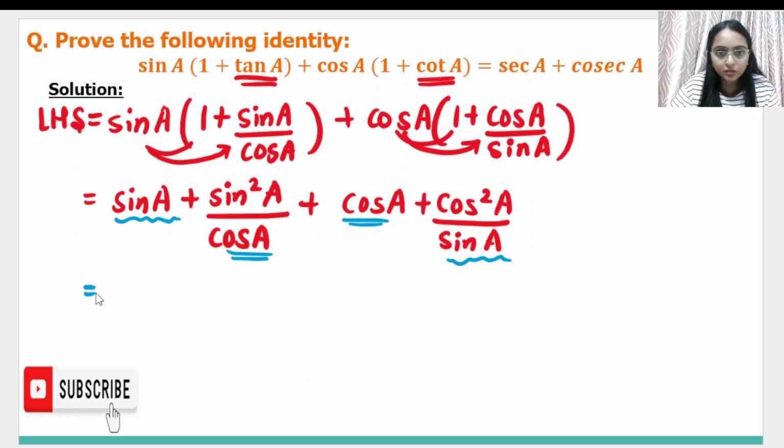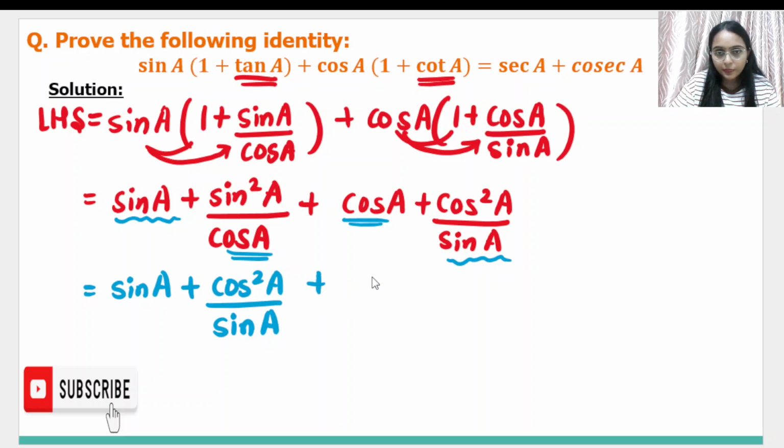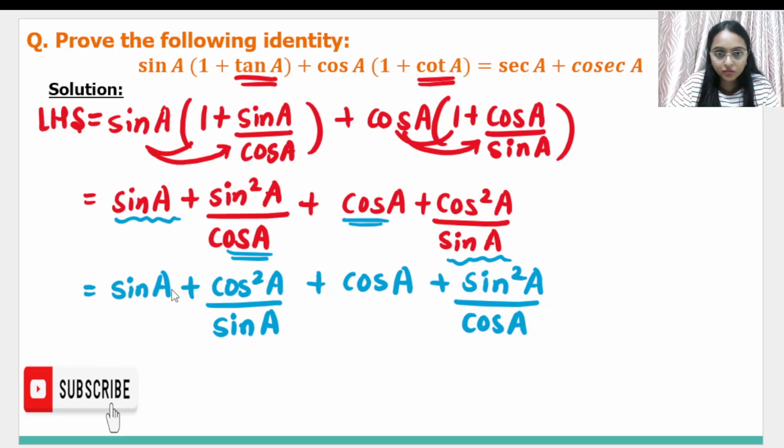So sin A plus cos square A upon sin A, plus here you have cos A plus sin square A upon cos A. Now we know that it is sin A upon 1.